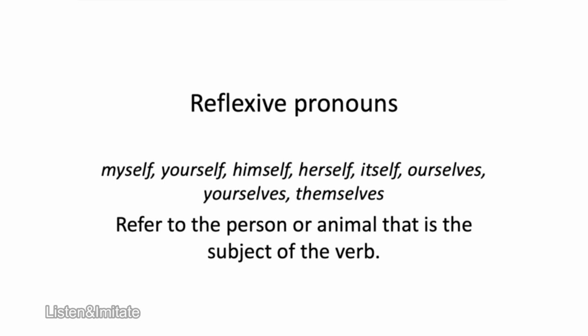Now let's begin today's lesson with reflexive pronouns. The reflexive pronouns are myself, yourself, himself, herself, itself, ourselves, yourselves, themselves, and they refer to the person or animal that is the subject of a verb.